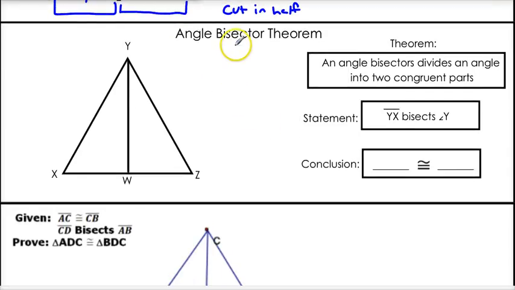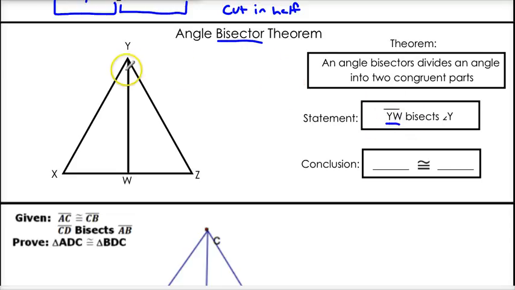So angle bisector theorem is very similar. So an angle bisector would probably be something that cuts an angle in half. Well, let's look at the theorem. An angle bisector divides an angle into two congruent parts. So it's just like the same thing, but instead of cutting a segment, we're going to cut an angle in half. So here our statement is YW bisects angle Y. Sorry about that.